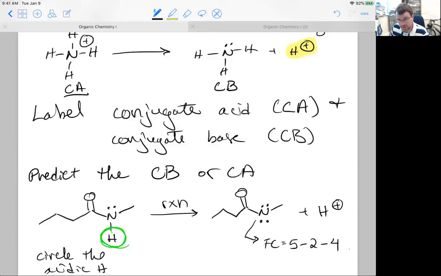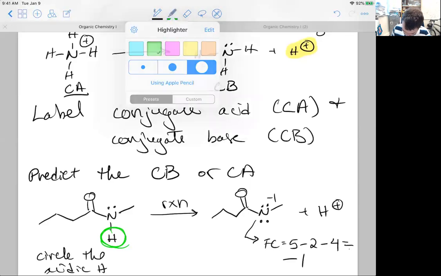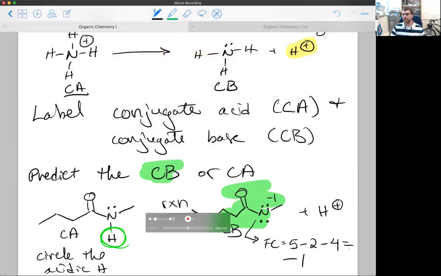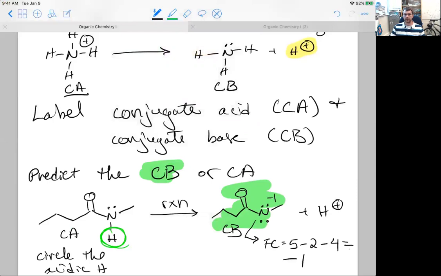So we have a new lone pair of electrons, so 5 minus 2 minus 4 is equal to -1. We put the -1 up here, and we have predicted the structure of the conjugate base. So this is our Cb, and this is our Ca. Again, this is our first pass into chemistry, seeing and predicting what happens when bonds are broken and atoms start to move. Really important stuff.